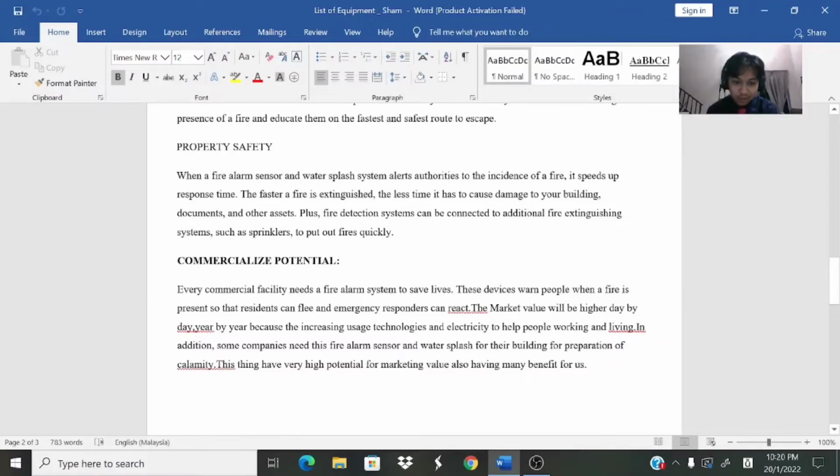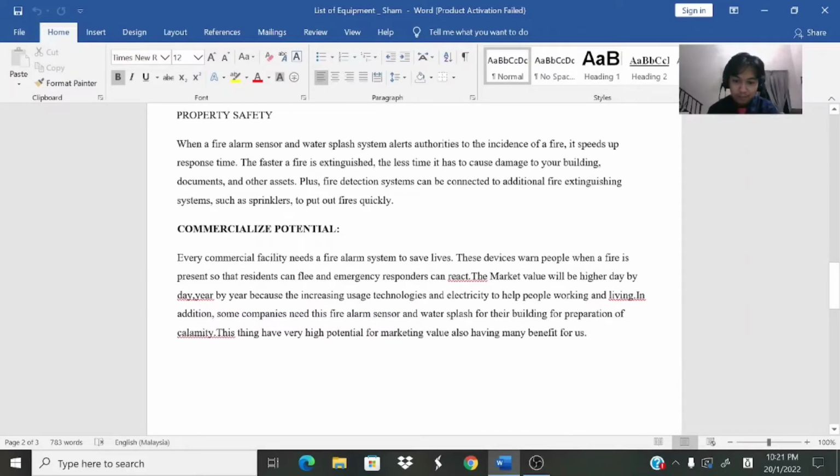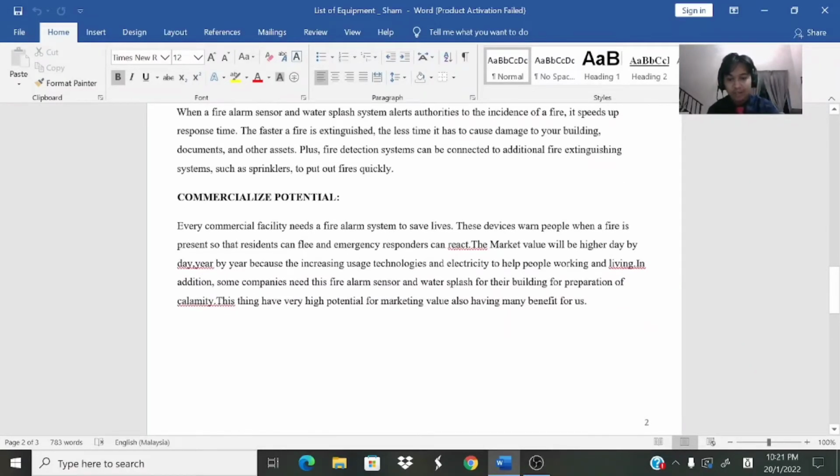The market value will be higher day by day, year by year, because of the increasing usage of technologies and electricity to help people working and living. In addition, some companies need this fire alarm sensor and water splash for their building for preparation of calamity. These things have a very high potential for marketing value, also having many benefits for us.